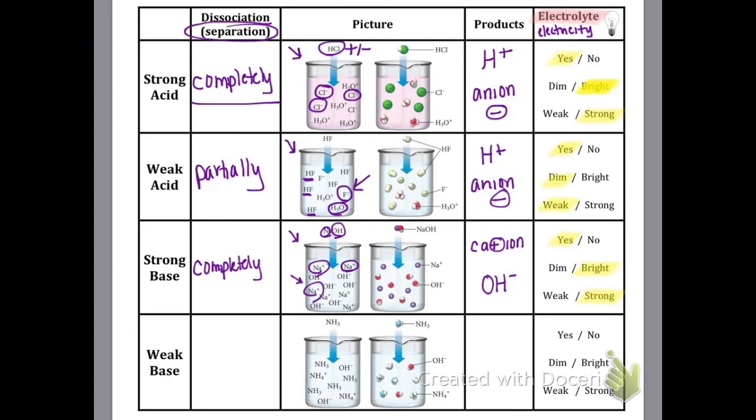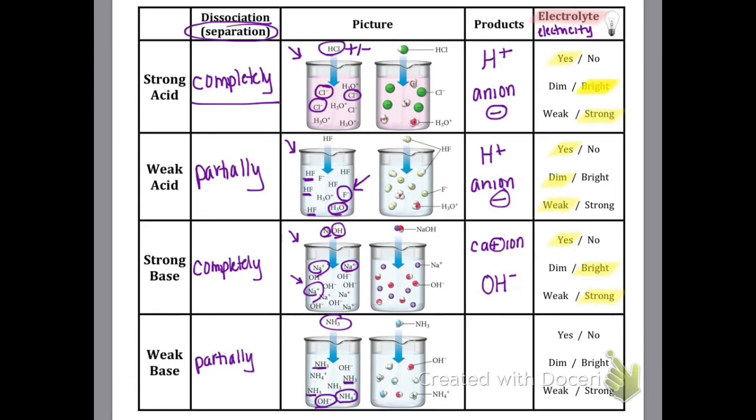So here you have a weak base. Weak bases will partially separate, just like a weak acid. So if you look at this NH3 here, sometimes you see them separate, like here's an OH, here's an NH4, but most of the time the NH3s will stay together.